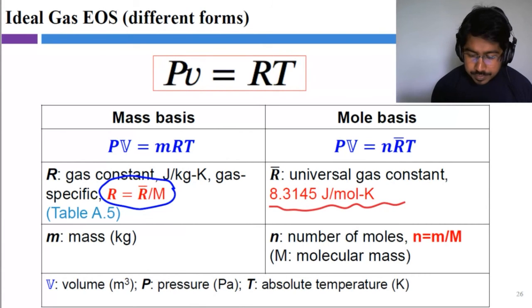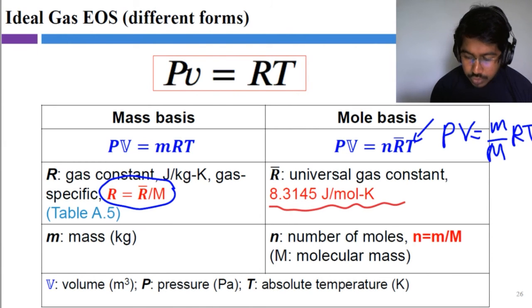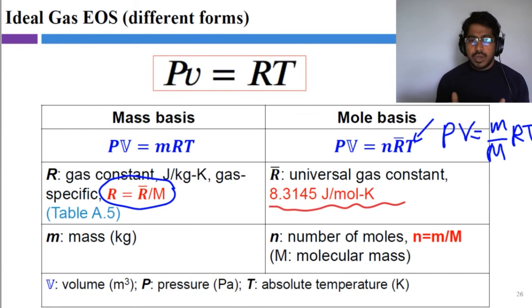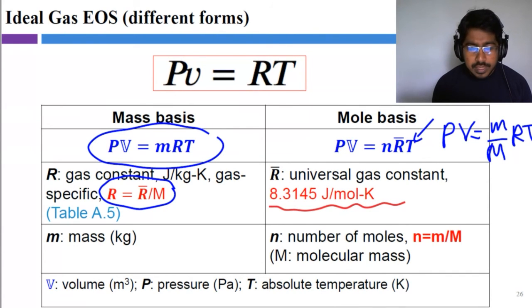Essentially, what we did earlier in this equation is PV equals m divided by M, times RT. Previously, we divided the mass of the substance by the molar mass, and therefore got the number of moles. In this course, we use this form of the equation. Essentially, both do the same thing, but instead of dividing the mass, this time we divide the universal gas constant by the molar mass. Are we clear?